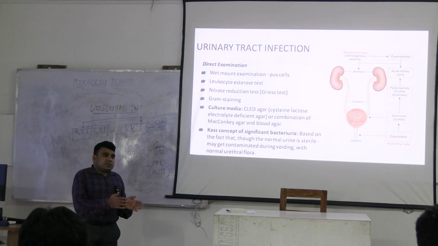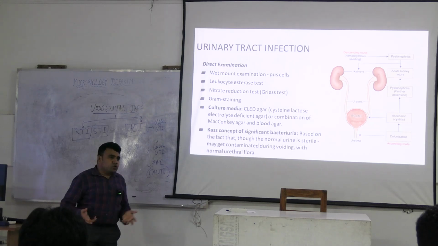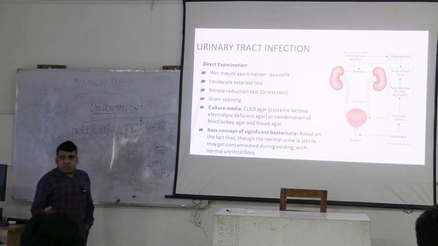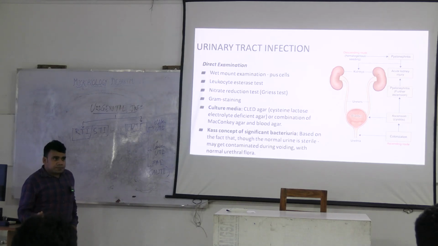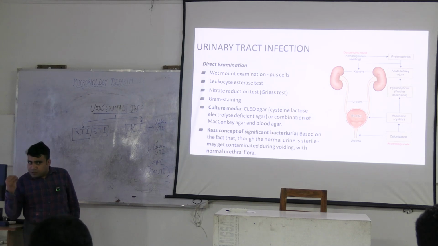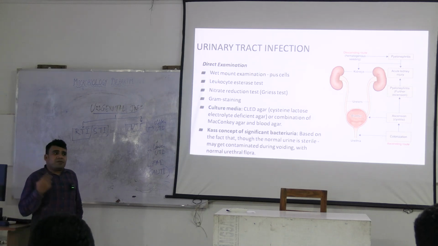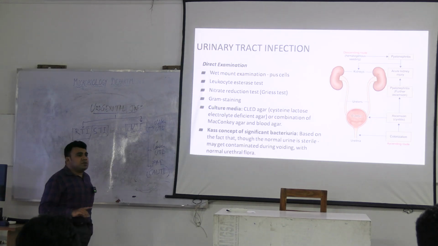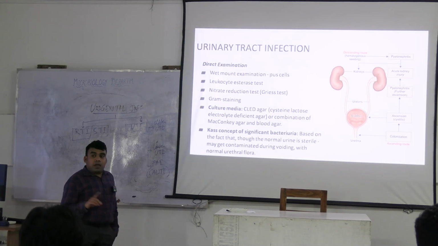These RBCs may be so huge in number that the patient may complain of reddish discoloration of urine or even frank hematuria, that means blood in the urine. Sometimes it may be less in number but can be observed under the microscope. That means there might not be reddish urine, but RBCs may be huge in number under microscopy.